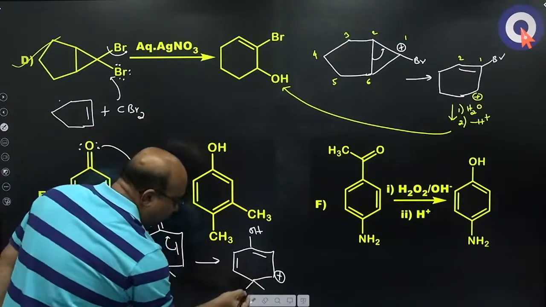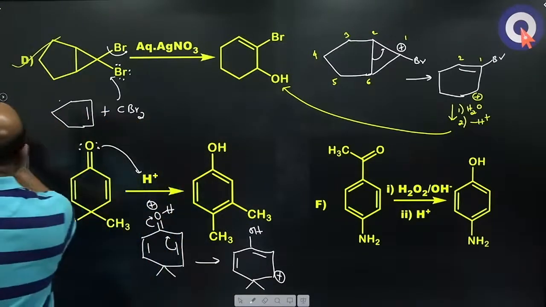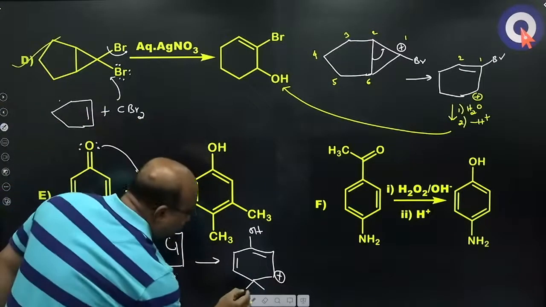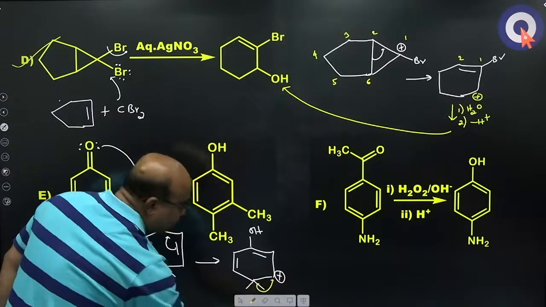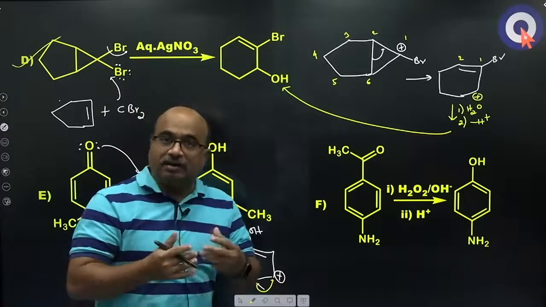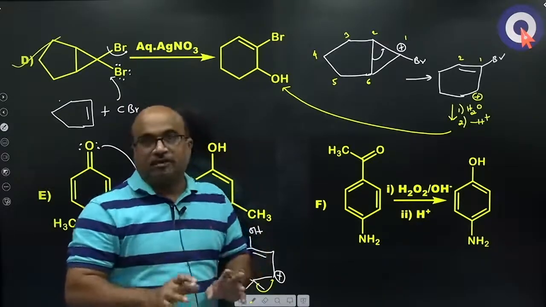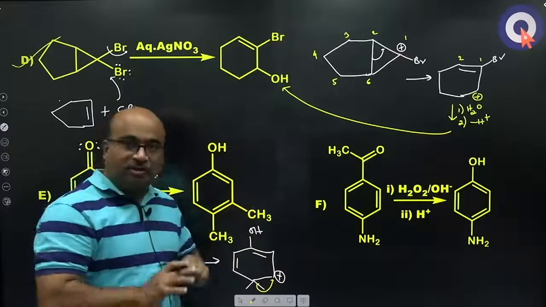Instead of that, if one of the methyl groups from here shifts to here, we just see whether this is possible, write that possible structure and check whether it is stable or not. So already you see the methyl groups here.